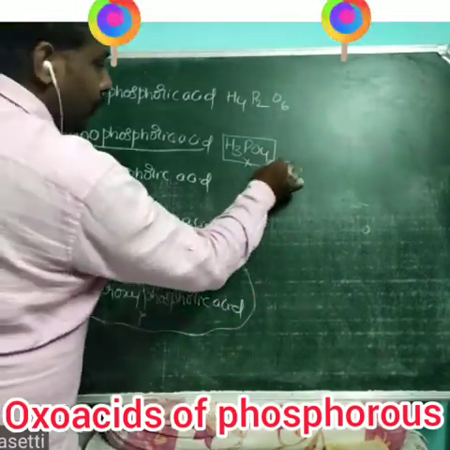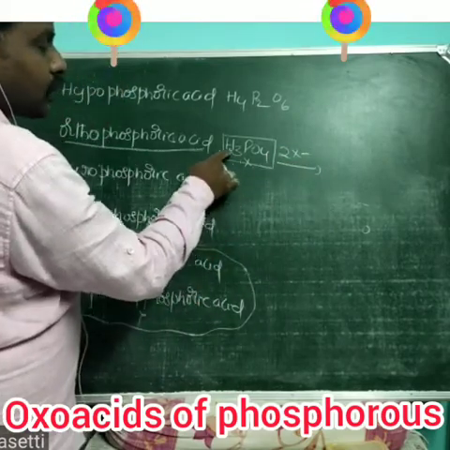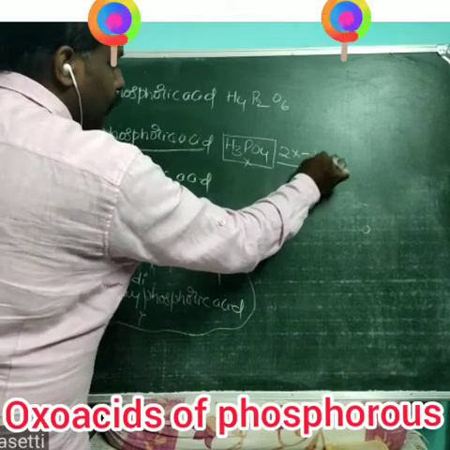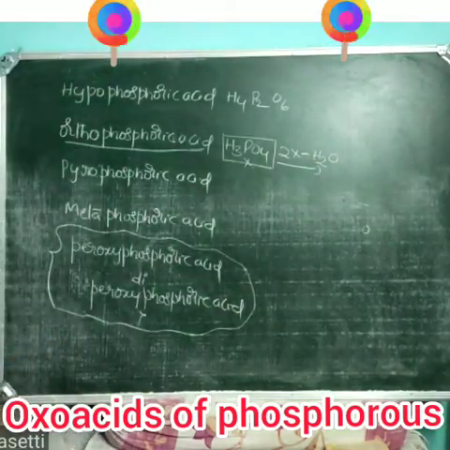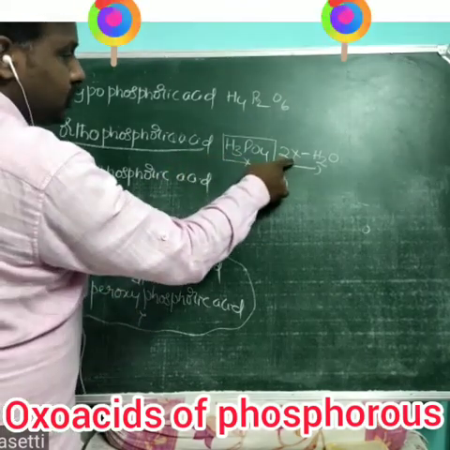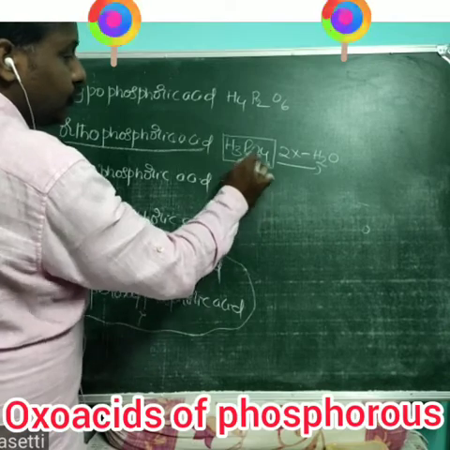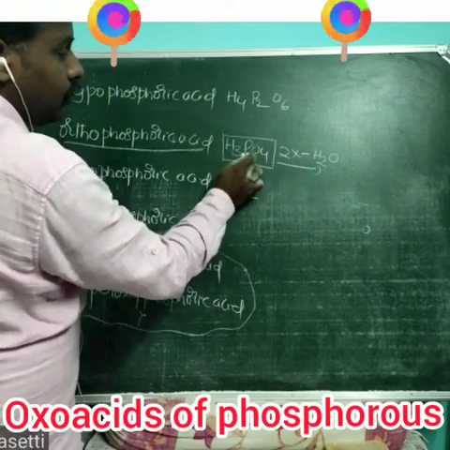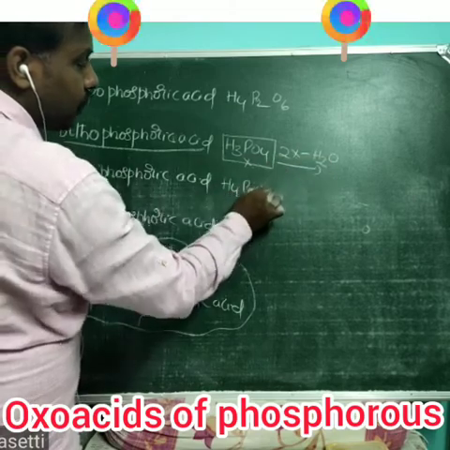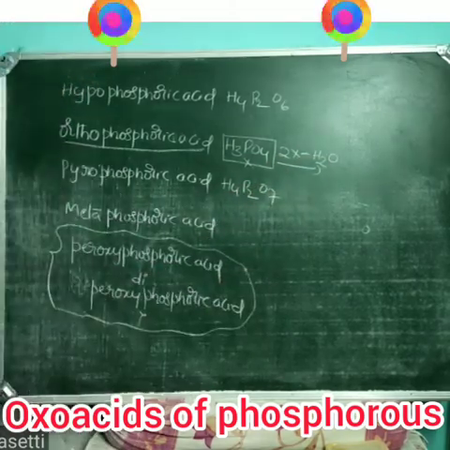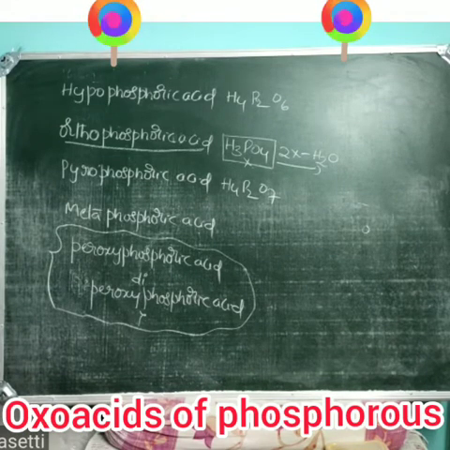Pyrophosphoric acid is obtained by multiplying this compound with 2 and removing 1 water molecule. So then this becomes 6, 6 minus 2, 4. So H4, P2, and oxygens 2 into 4, 8. 8 minus 1, 7. So this is pyrophosphoric acid.